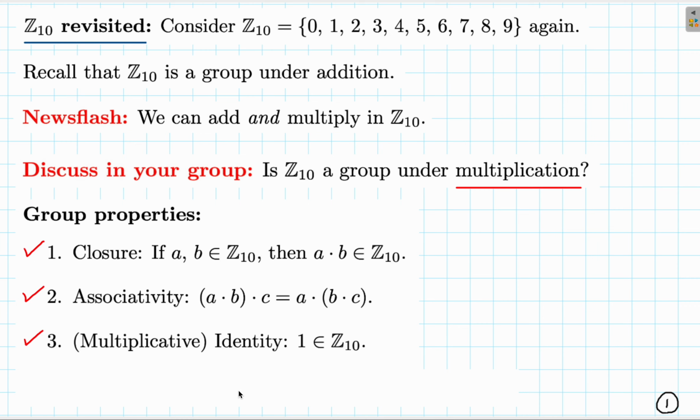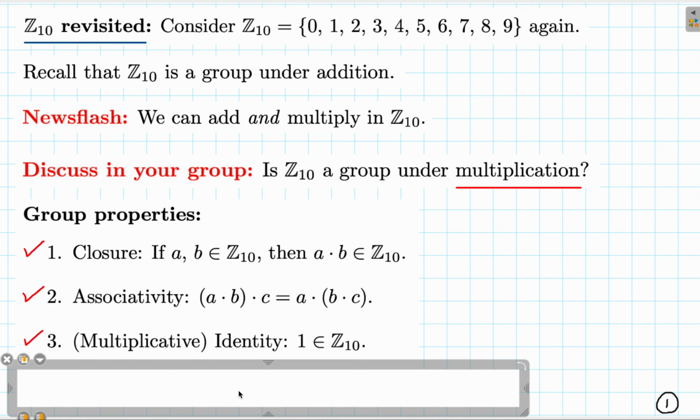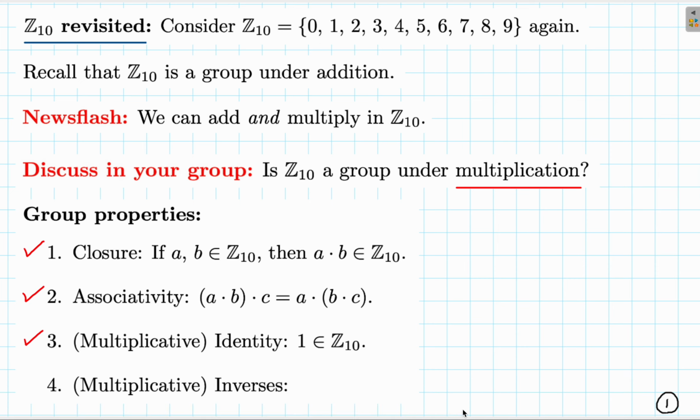The final group property, so far it's 3 out of 3, multiplicative inverses. And unfortunately, this is where the group property fails.